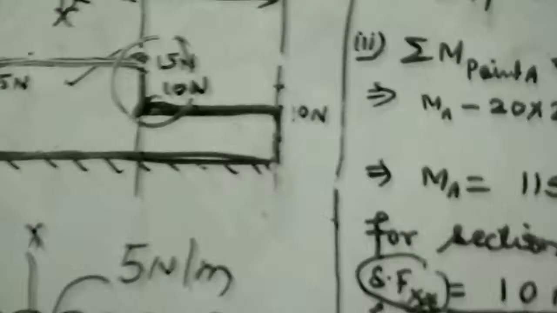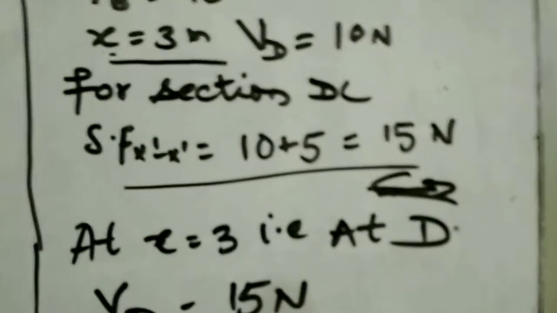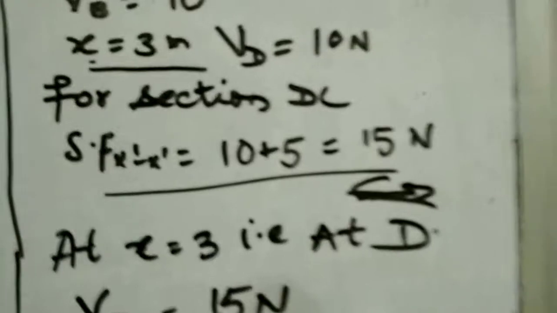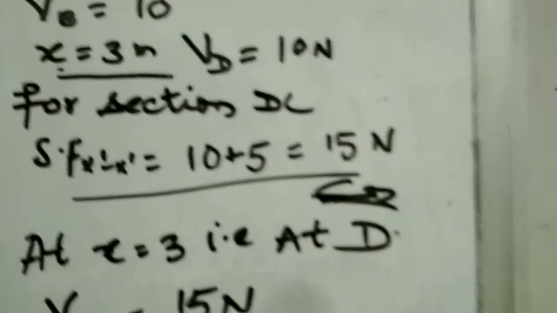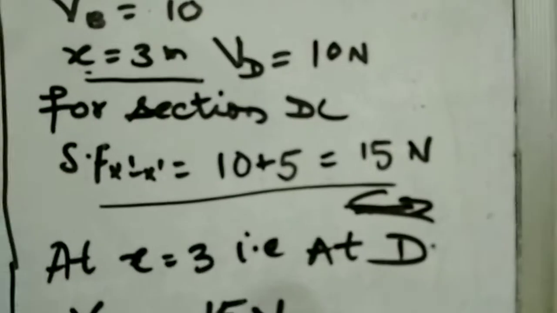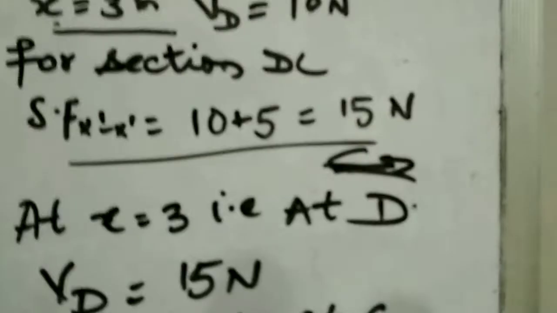The first one is 10 Newton and the second is 5 Newton. So the value of shear force at section XX dash is 10 plus 5, that is 15 Newton, which also represents y equal to constant, that is a line which is parallel to the x-axis, the line having slope 0.